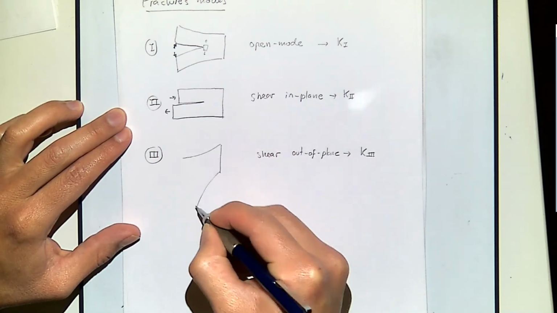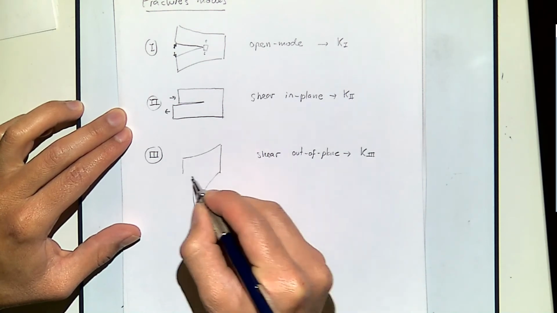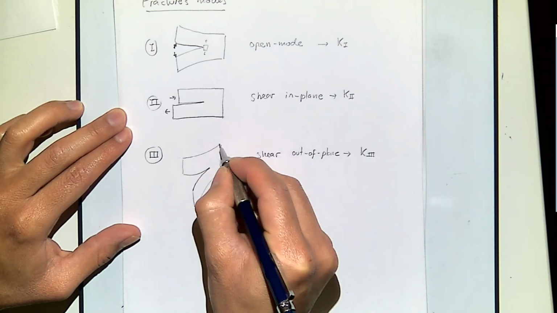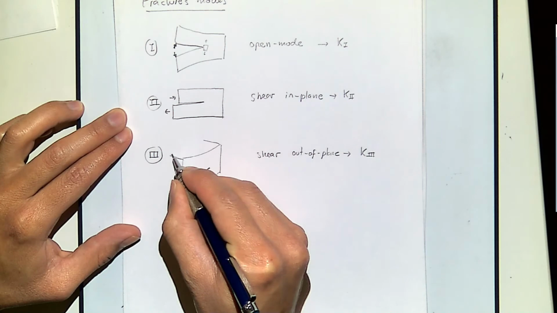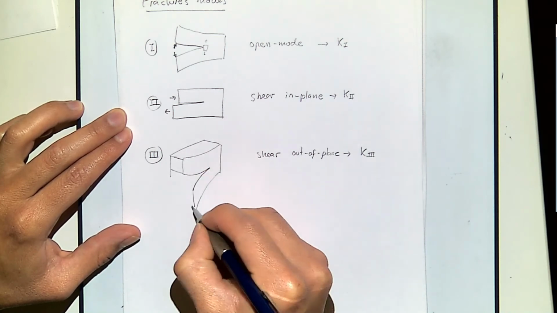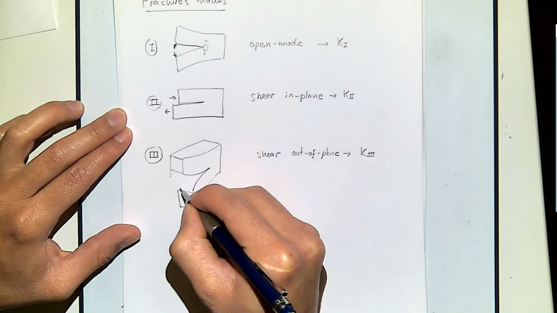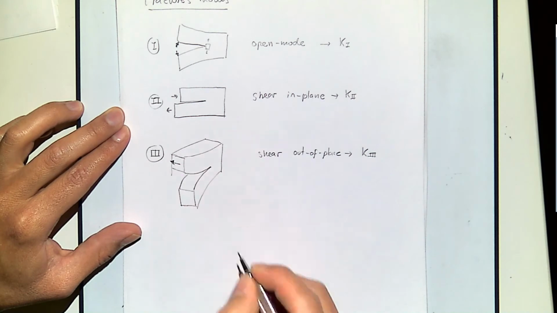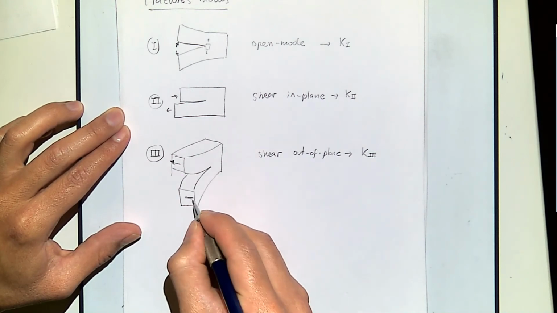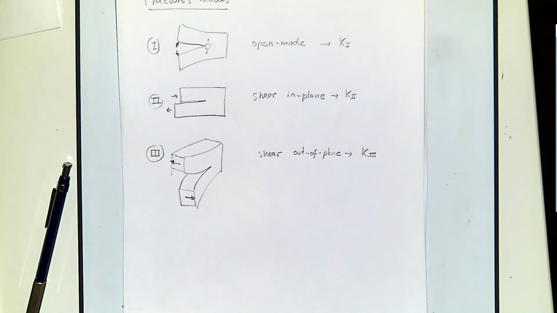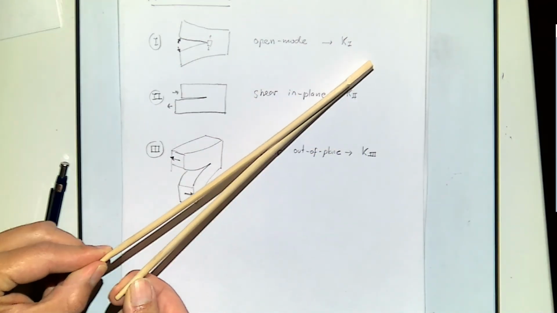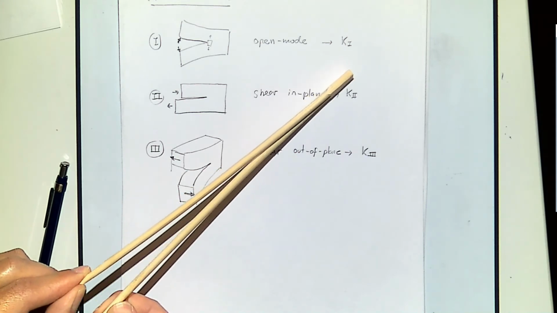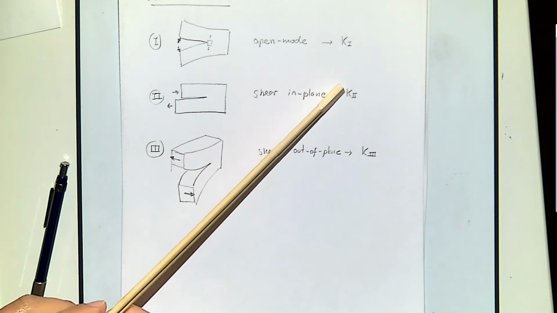It's a little bit more difficult than the other ones. Something like this, where here we apply a shear.